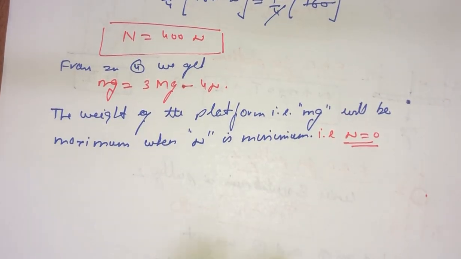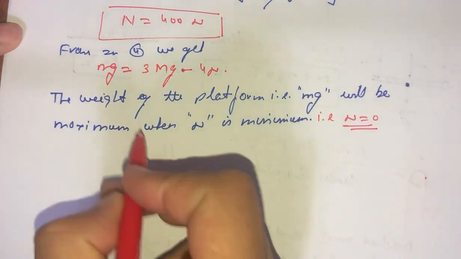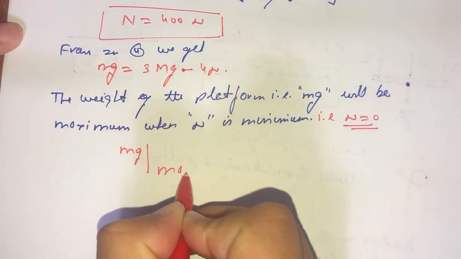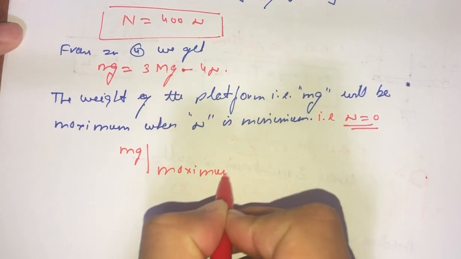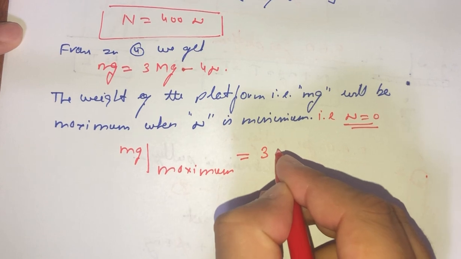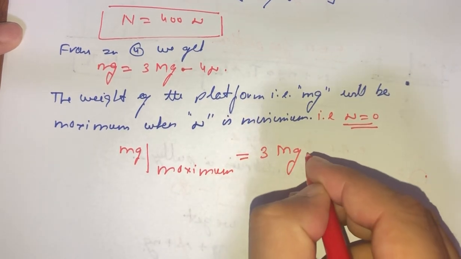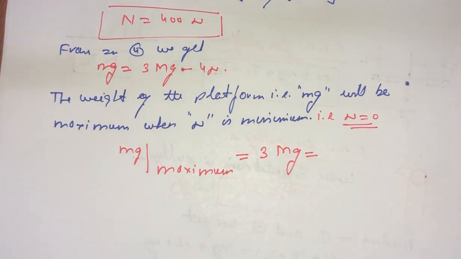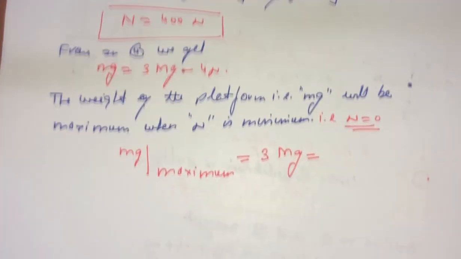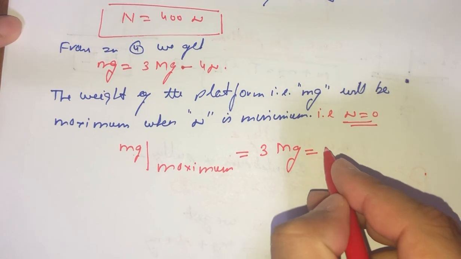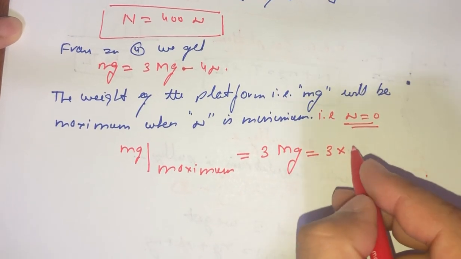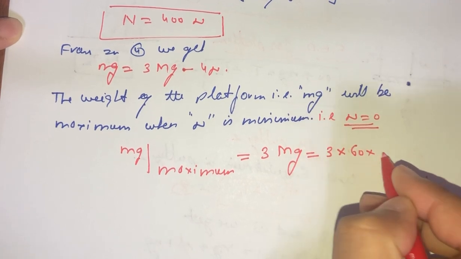So we substitute the value. We want mg to be maximum, so we can write mg maximum will be equal to 3 times Mg, and if you put the values, this will be 3 into capital M is given as 60 and g is 10.